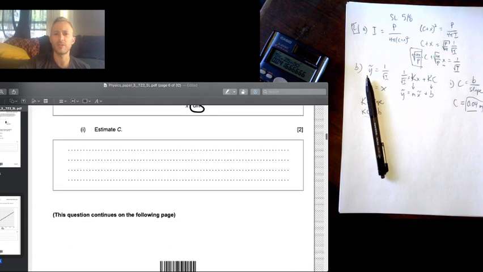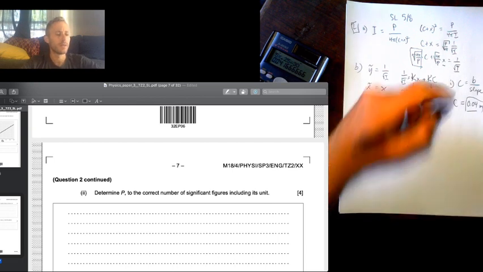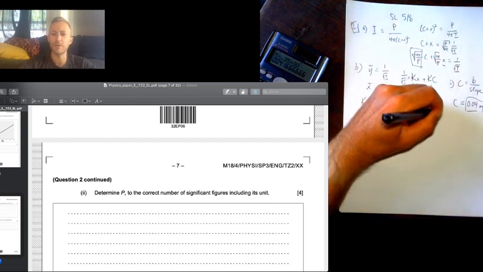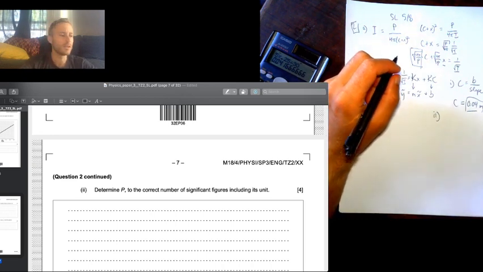Okay, so we estimated C, and then part 2 says we want to determine the power to the correct number of significant figures, including its units.